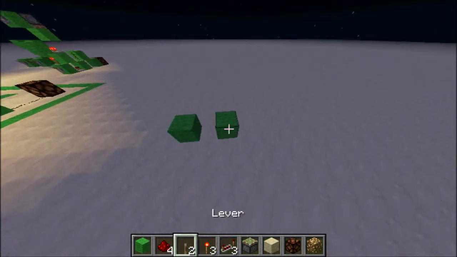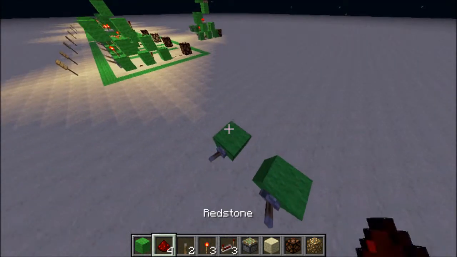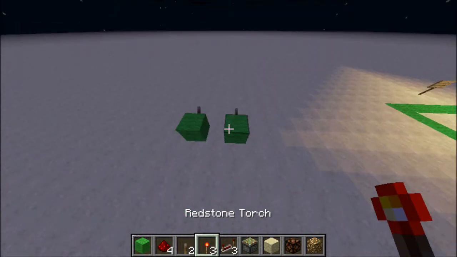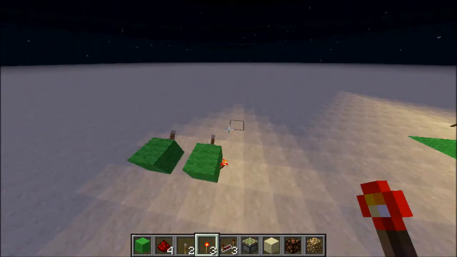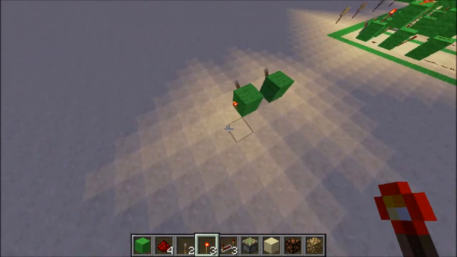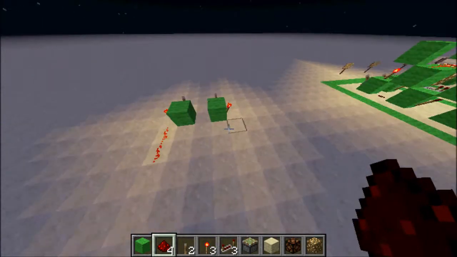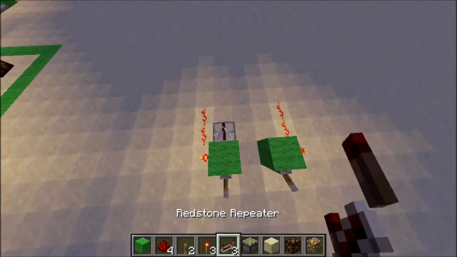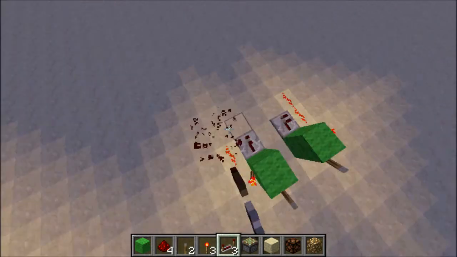So we have our two inputs. Let's build a really big one just to show it. We invert this and we plop repeaters down there.